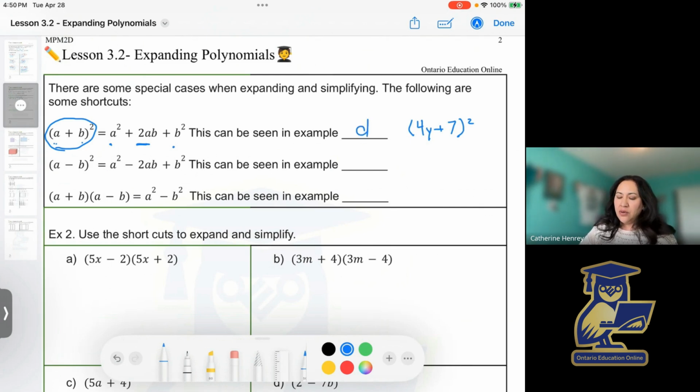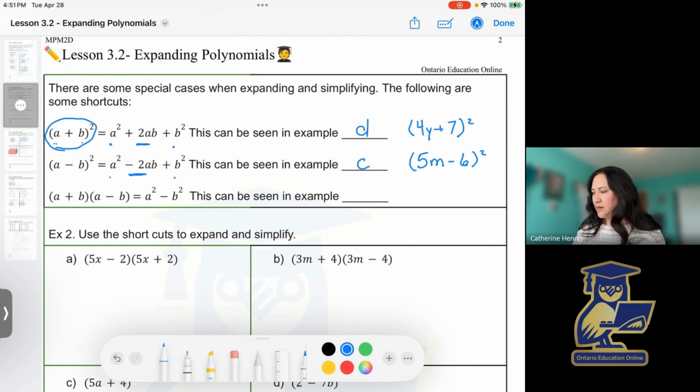And then we had another one where it's a minus b squared. And in this case, you could just map out the answer by taking a squared, adding b squared, and then subtracting the 2ab in the middle. This example from the front page is the 5m minus 6 squared. And that example was C.